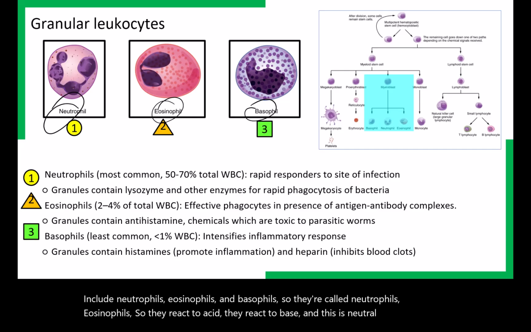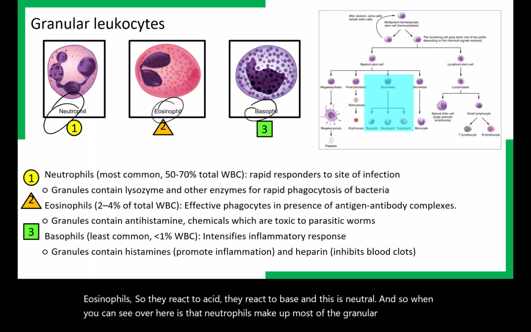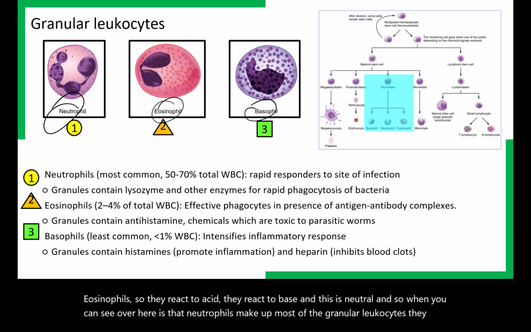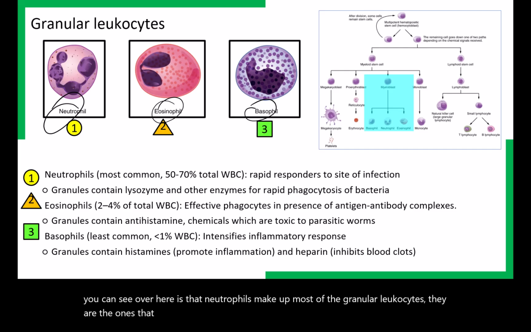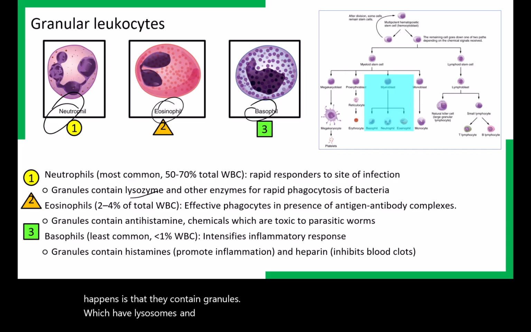And so what you can see over here is that neutrophils make up most of the granular leukocytes. They are the ones that are the first responders to any site of infection. And what happens is that they contain granules which have lysosomes and other enzymes for rapid destruction or phagocytosis of bacteria.